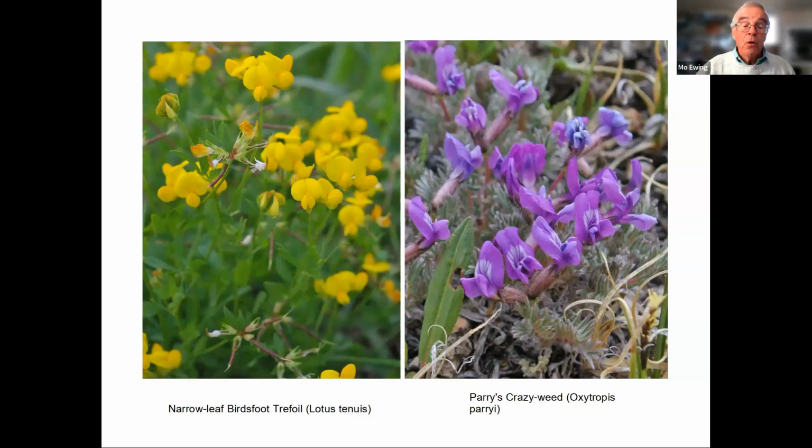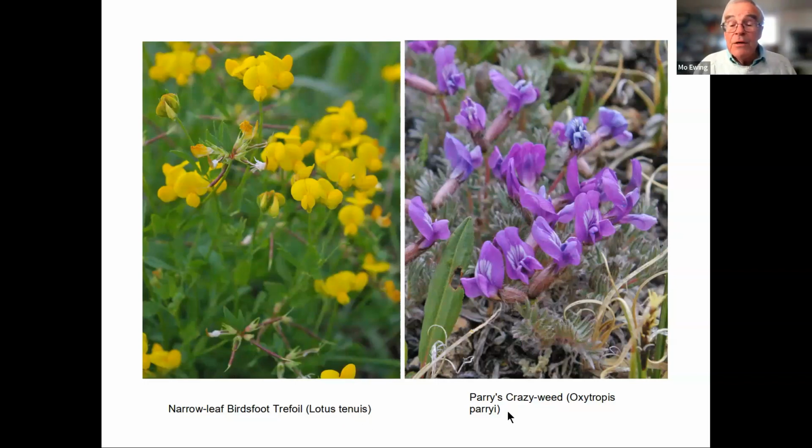It used to be called Lotus glaber. But in the new book, she calls it Lotus tenuis. Don't know why she changed the name. There was probably some botanist that did a great study on this and found that it fit tenuis better than glaber, and so they renamed it.